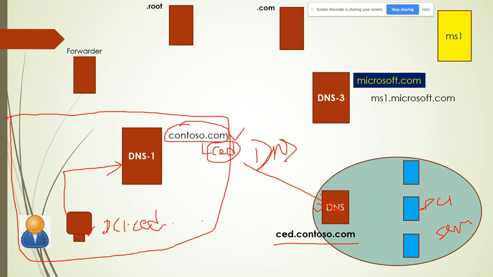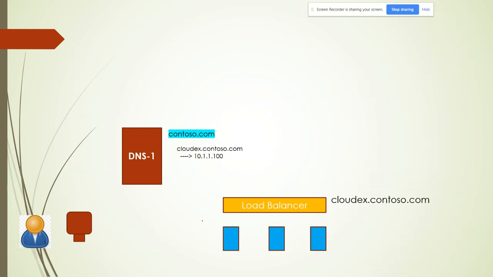Okay. In the next slide, guys, this is another scenario. Suppose you have a load balancer. This is the user sitting inside the organization. This is your preferred DNS server. You have a load balancer, and there are 3 application servers running under this load balancer.